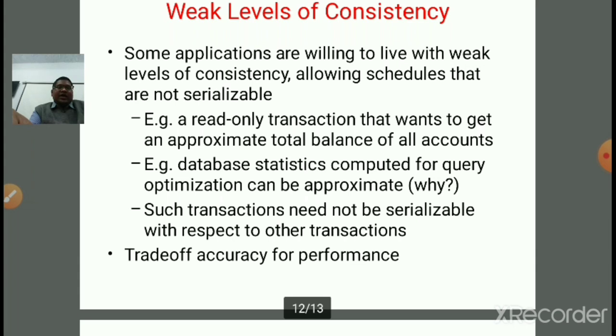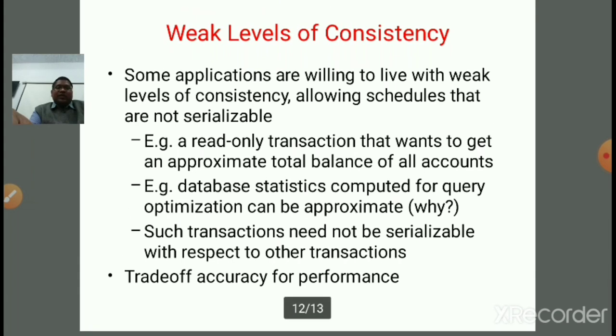Some applications are willing to live with weak levels of consistency, allowing schedules that are not serializable. For example, a read-only transaction that wants to get an approximate total balance of all the accounts. Another example: database statistics computed for query optimization can be approximate.